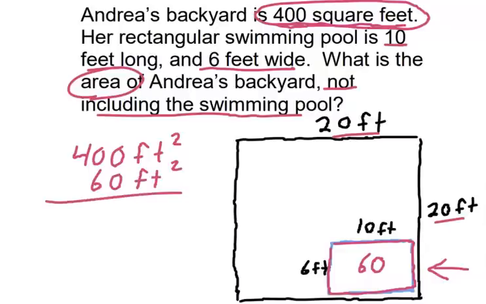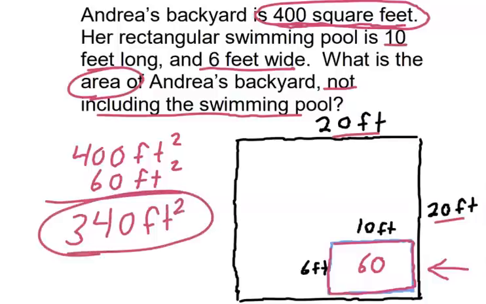So all you have to do is do 400 minus 60, and that's going to give you 340 feet squared. So the backyard has 340 feet squared available to play around in or do anything else in because they're taking up 60 square feet with the swimming pool. So there's your answer, 340 feet squared.